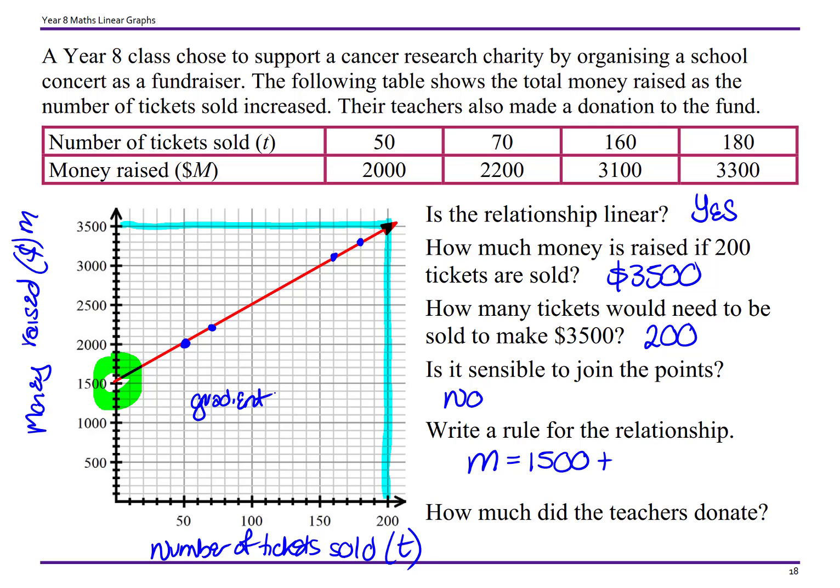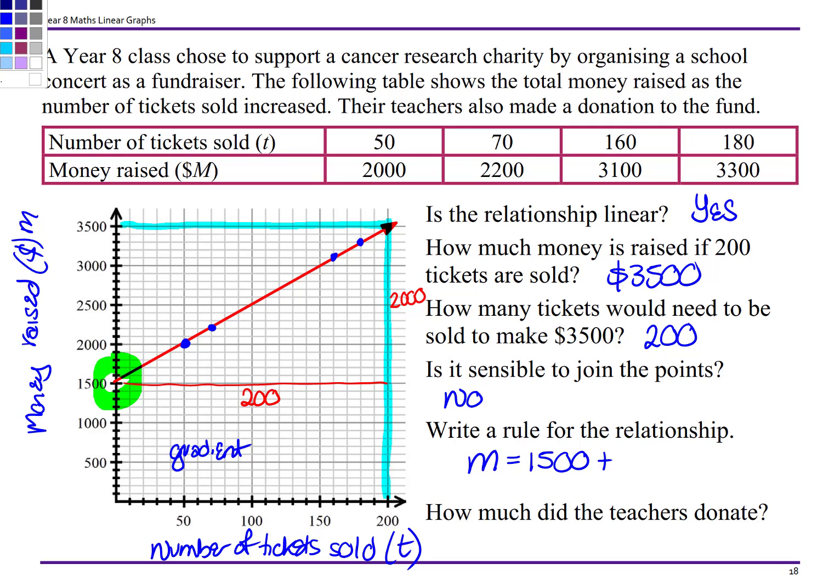So we need to do our rise over run. How about we just do it in regards to this whole big triangle? So our run is 200, our rise is 3,500 minus 1,500, so that's 2,000.